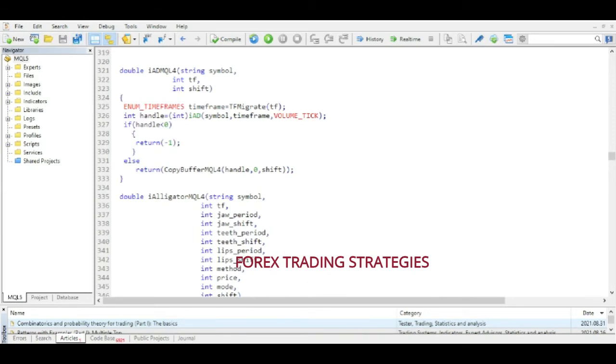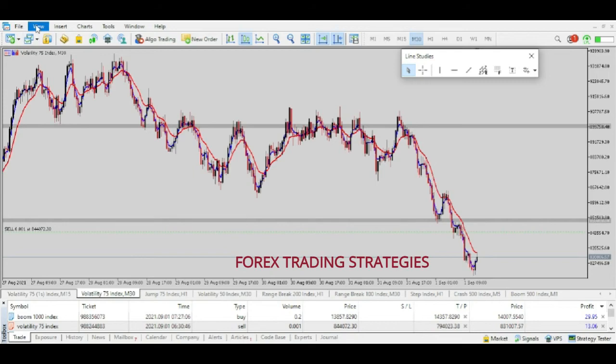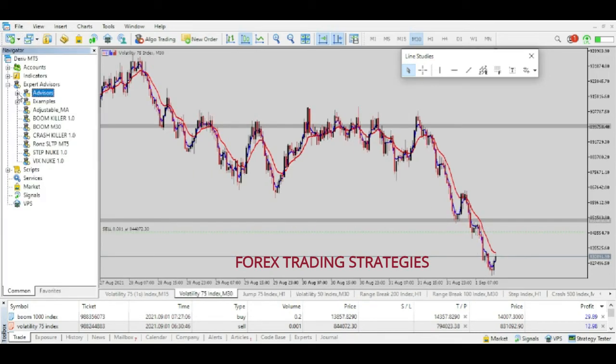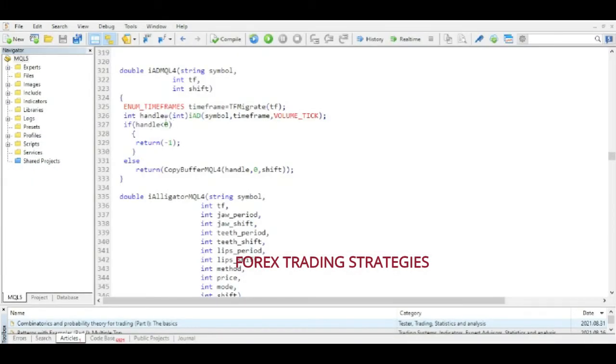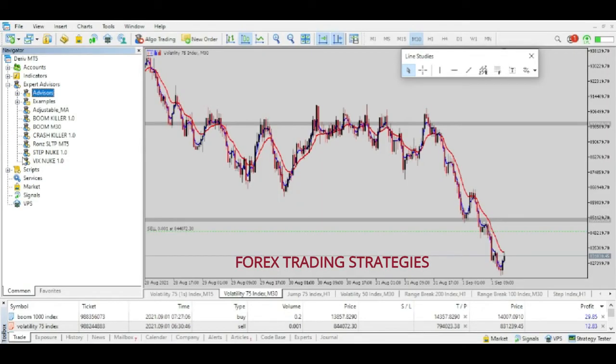Now it's not going to appear on your navigator because it's still unreadable. It's just an MQ5 file.